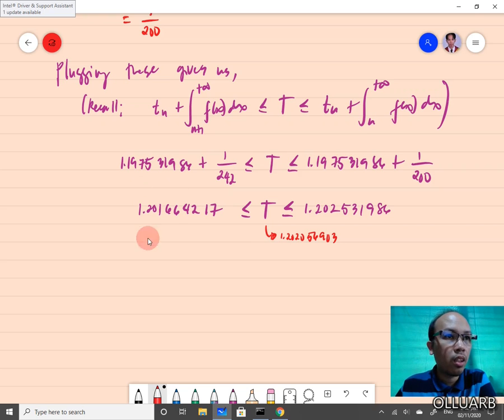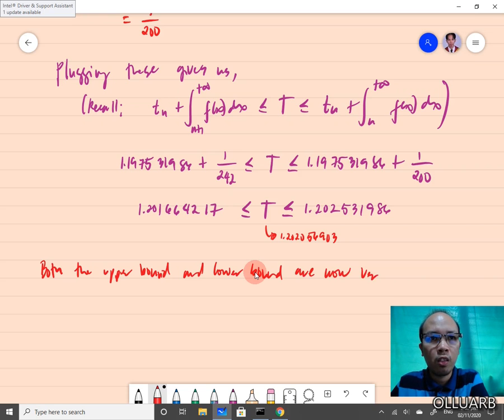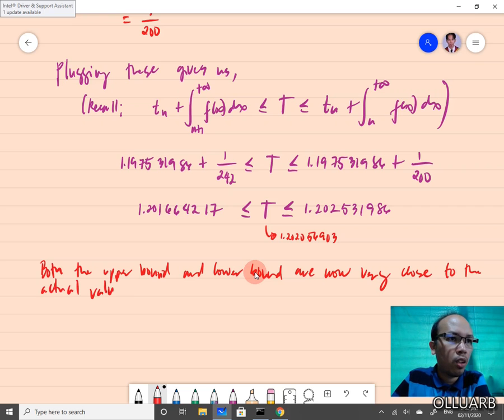As you can see here clearly, this actual value is between this lower bound and upper bound. So both the upper bound and lower bound are now very close to the actual value.